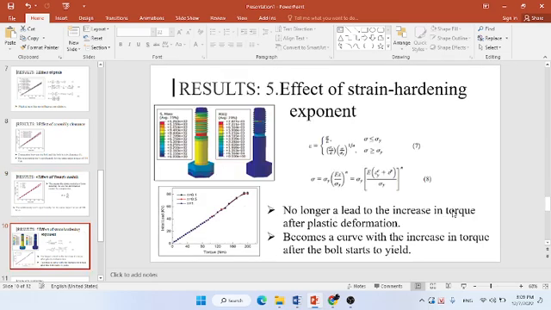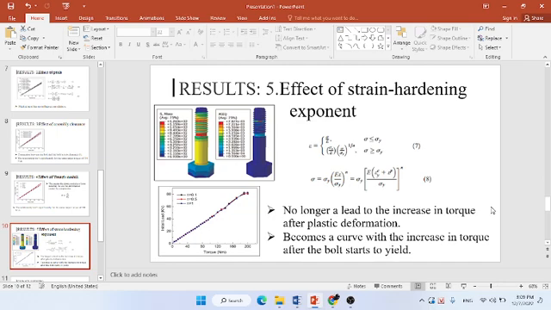The last result I will talk about is effects of strain hardening exponent. Stress at the root of thread, especially at the first engaged thread, is high, exceeding the yield strength of bolt materials due to stress concentration. Therefore, plastic deformation starts from the first engaged thread in the process of tightening.